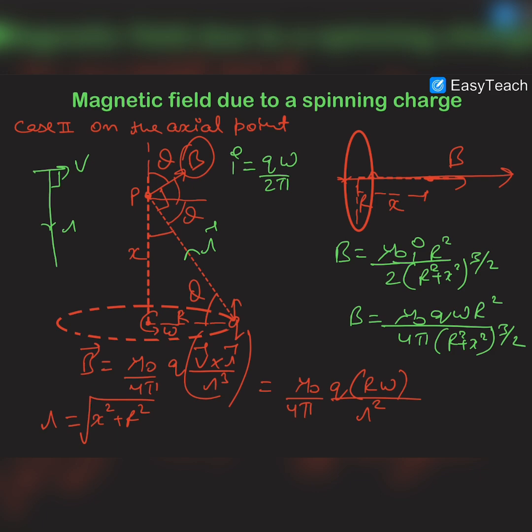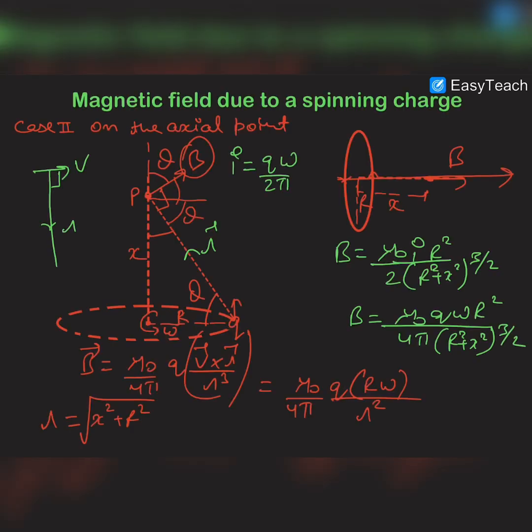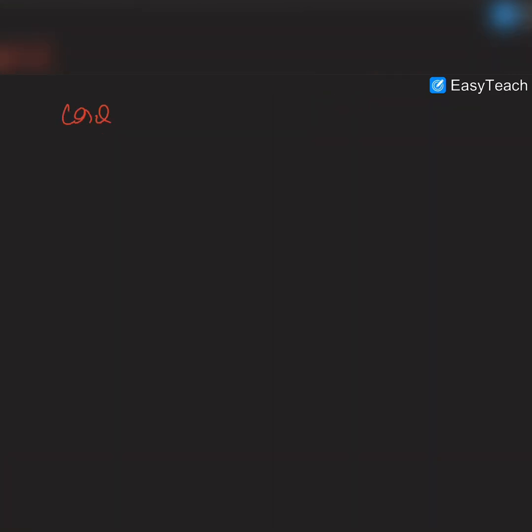And if we find out the value of B cos theta, then you can see that cos theta will be equal to capital R upon small r. So B parallel to axis is B cos theta.